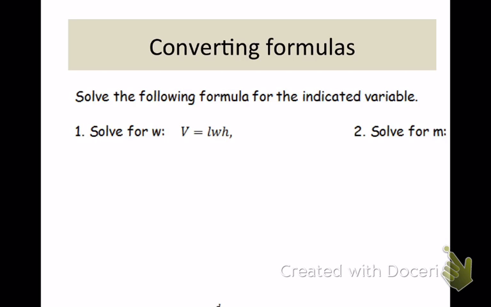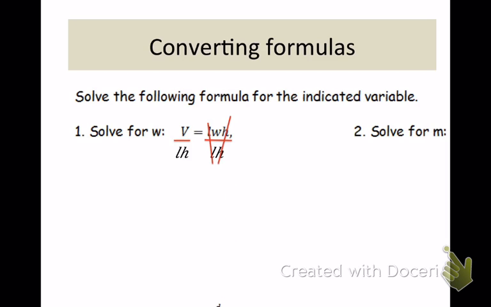So the length and the height are both multiplying the width. The opposite of multiplying is dividing, to cancel them. So I'm going to put division signs on both sides. Because I want to get rid of the L and the H, I am going to divide by L and H on both sides, because that will eliminate the L on the right side, and it will also eliminate the H.